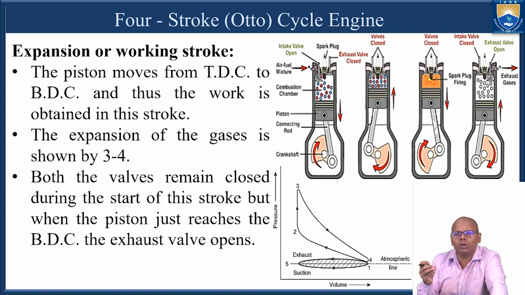This is the only stroke during which power is developed by the engine. This stroke is represented by the 3 to 4 line in this PV diagram, and during this stroke also, the inlet valve and the exhaust valve remain closed.